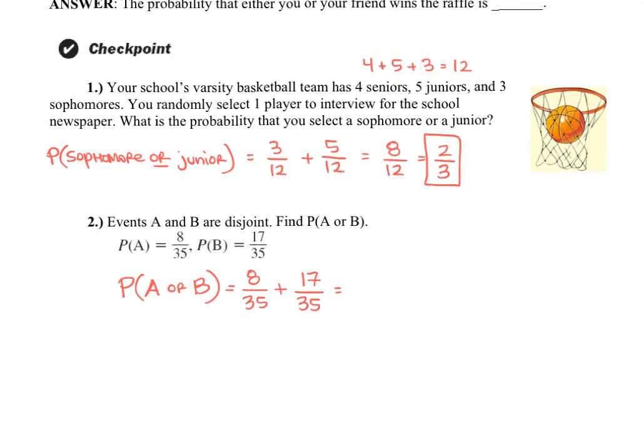That makes it a whole lot easier. So when I add these 2, I get 25 over 35. I then need to simplify my fraction, so I know 5 goes into both of those, so I get 5 over 7. So many of the problems that you get will be word problems where you know what the events are, but you can also solve them even if you don't know what event A and what event B is.